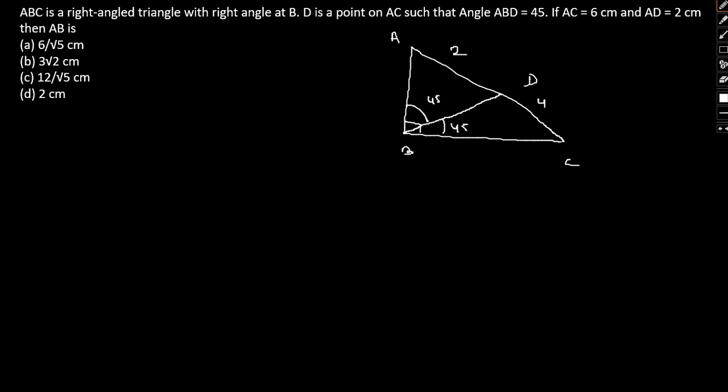I hope this is clear how we came about with the same. AD is 2, AC is 6, and now we need to find the length of AB.